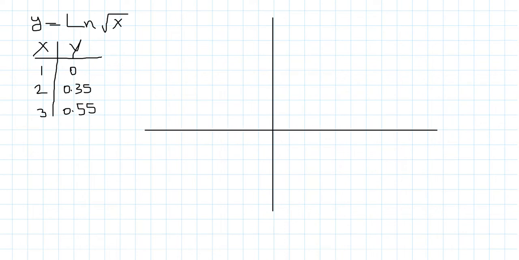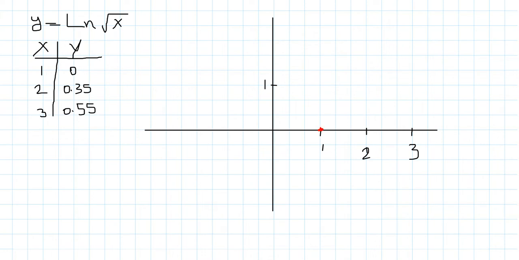Because on the y-axis we have small numbers, it's better to show it bigger. Suppose that here is 1, and on x here is 1, here is 2, and here is 3. Okay, now I have 1 and 0.